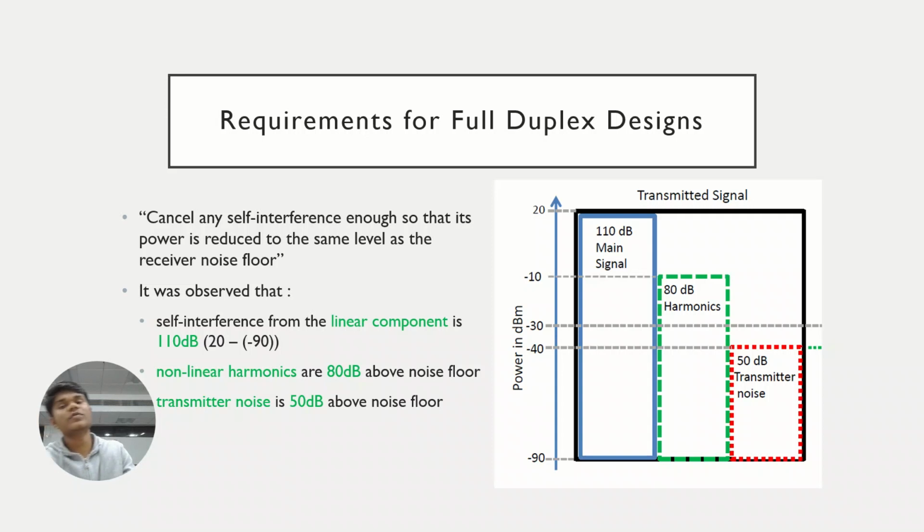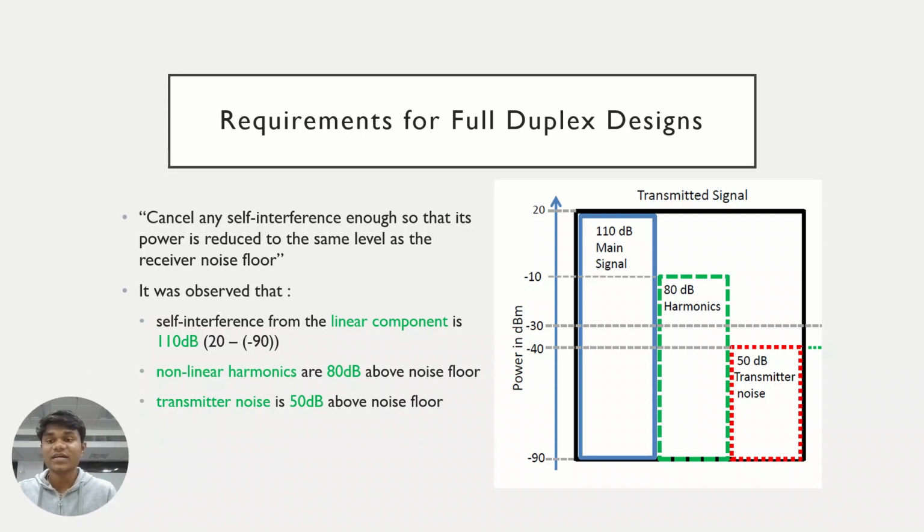Now, what are the requirements for full duplex designs? Simply cancel any self-interference enough so that its power is reduced to the same level as the receiver noise floor. Canceling anything beyond that does not make sense. Now, what was observed was that the self-interference from the linear components is 110 dB, and the self-interference from nonlinear harmonics has a power of 80 dB.